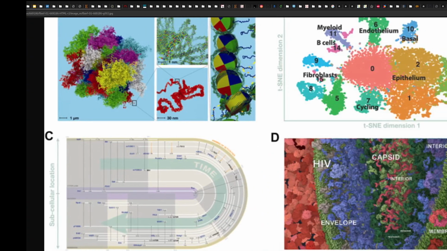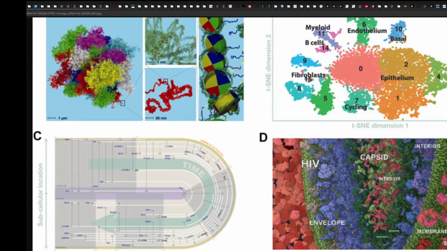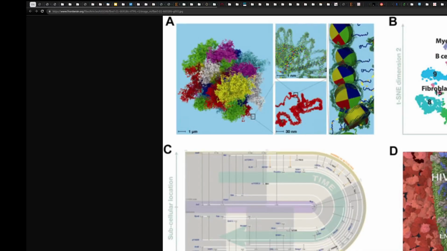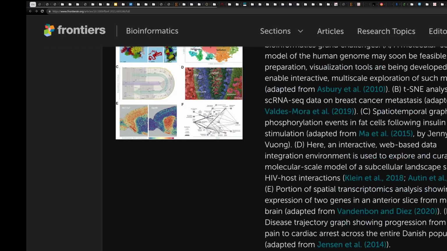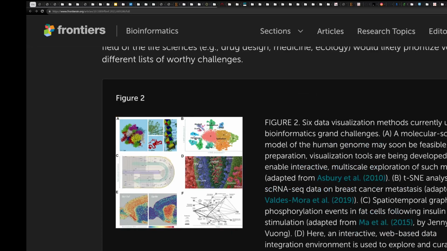E. Portion of spatial transcriptomics analysis showing expression of 2 genes in an anterior slice from mouse brain, adapted from Vandenbaan and Diess, 2020. F. Disease trajectory graph showing progression from heart pain to cardiac arrest across the entire Danish population, adapted from Jensen et al., 2014.